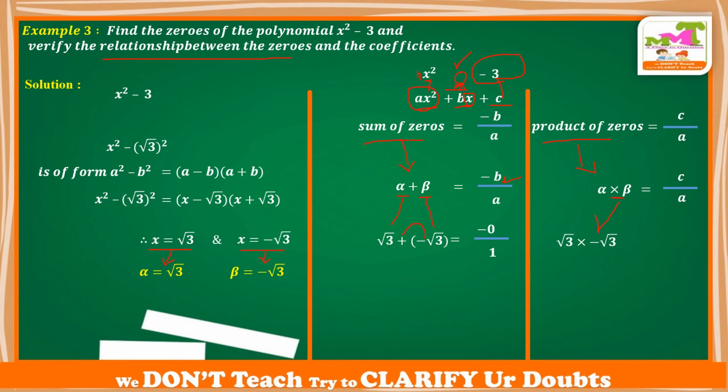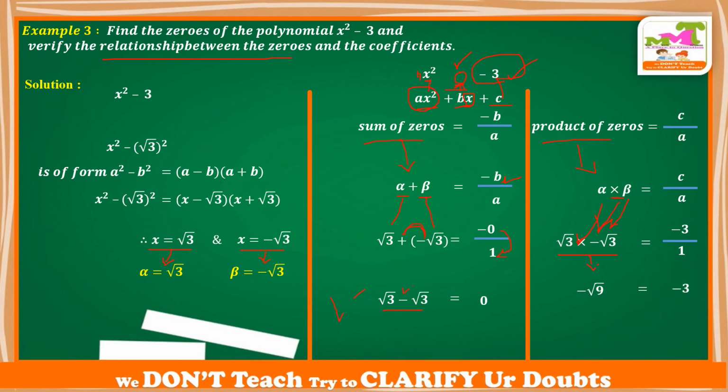Okay, fine. Let us come here for the product. Alpha is root 3 and beta is minus root 3 is equal to c. The value of c is minus 3 over here divided by a, that is 1. And as I told you, plus into minus, it's minus. Root 3 into root 3, it's going to be minus root 9 is equal to minus 3.